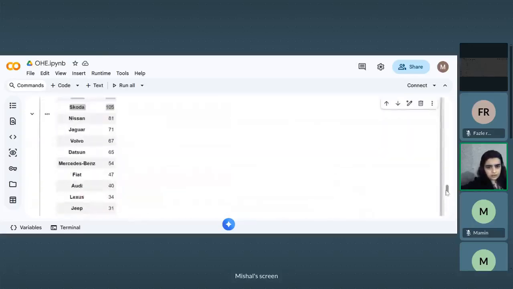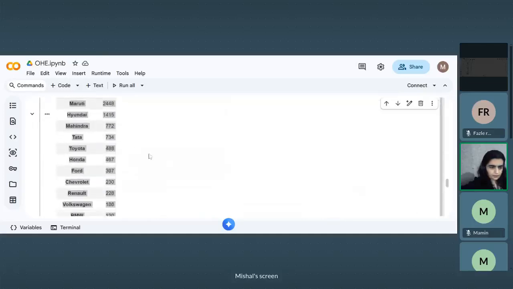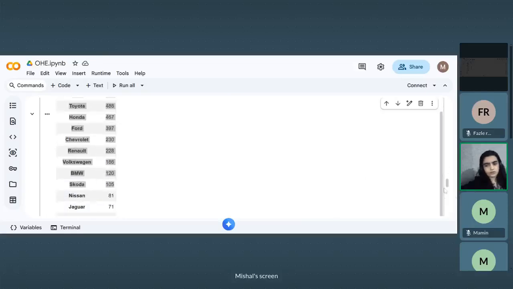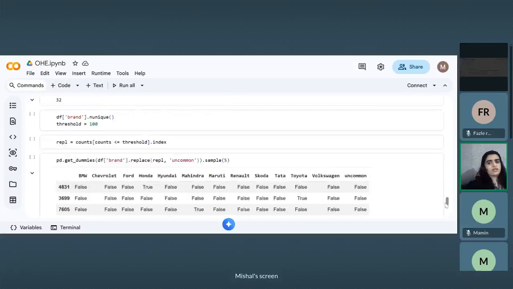How many remain? Yeah, 3, 4, 5, 6, 7, 8, 9, 10, 11, 12. Just 12. Instead of 32, now we have 12 different categories in our data. That's how we handle rare categories also.